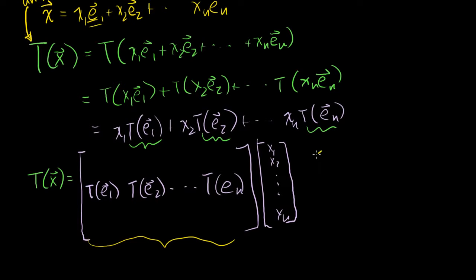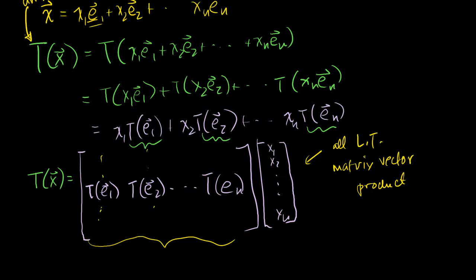So this is essentially showing you that all linear transformations can be represented by a matrix-vector product. Not only did I show you that you can do it, but it's actually a fairly straightforward thing to do. This is a pretty simple operation.